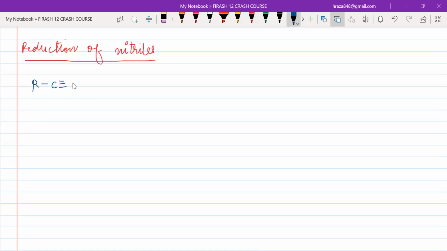RC triple bond N. If you react it with H2 in the presence of a catalyst, or you can use sodium amalgam in the presence of alcohol C2H5OH, then it will be converted into RCH2NH2. I'm just going to explain the reaction.